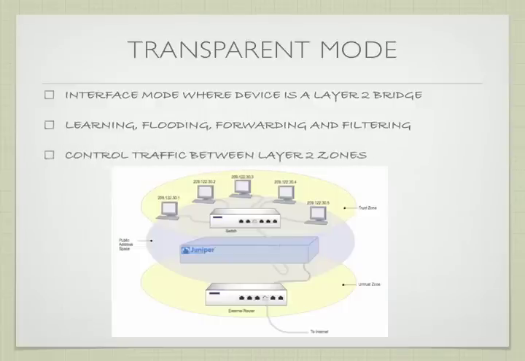But in addition to these standard layer 2 operations, you also then have the rules of policy, meaning you can control traffic based on policy rules coming between 2 devices in the same layer 2 zone when the traffic comes across the ScreenOS device. So this allows you to insert a policy engine into a layer 2 network.